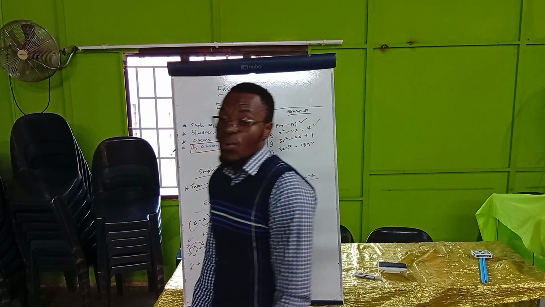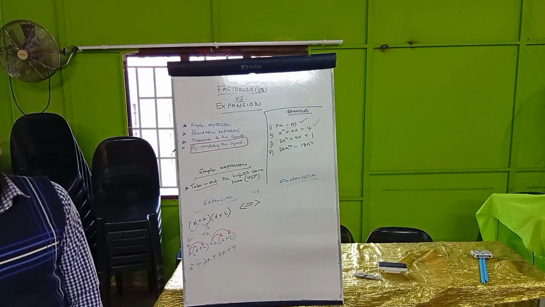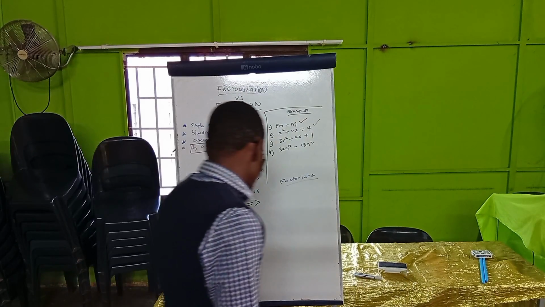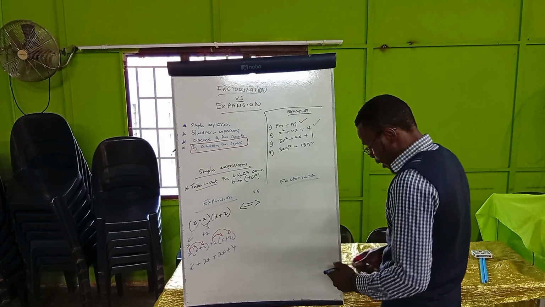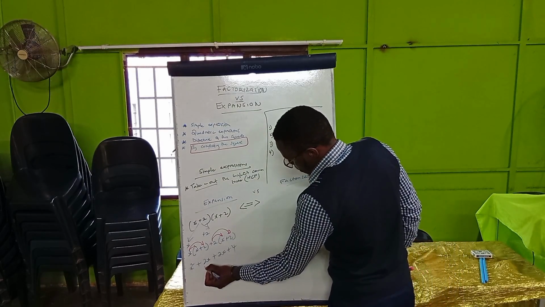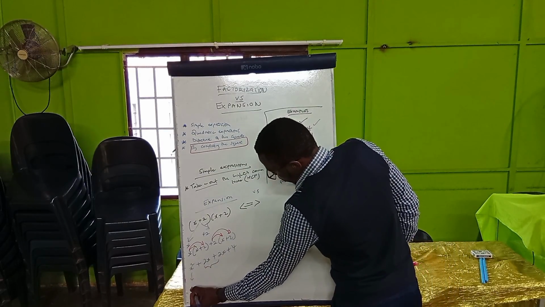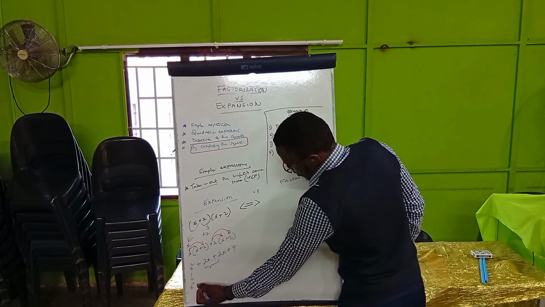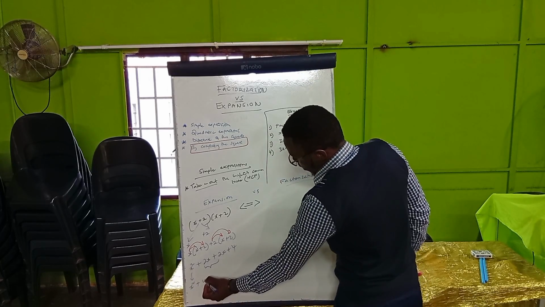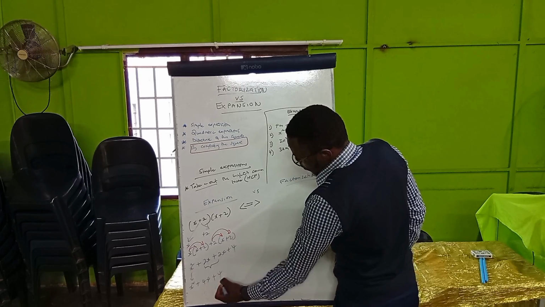And then what we're going to do is collect like terms. So this is how we collect like terms. X squared will give us x squared. 2x plus 2x is 4x plus 4.